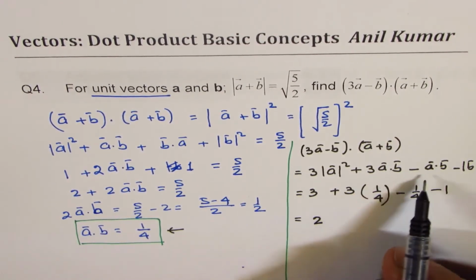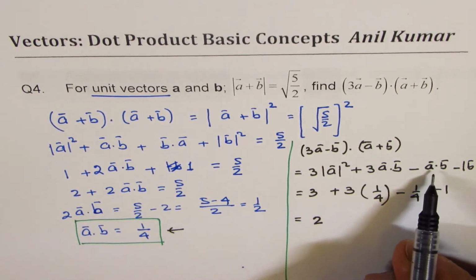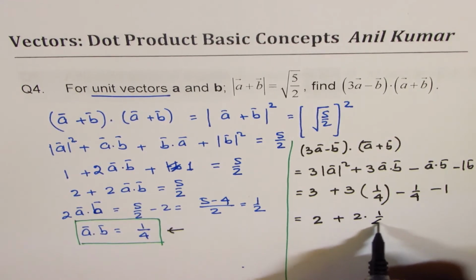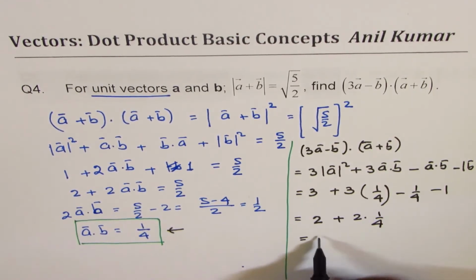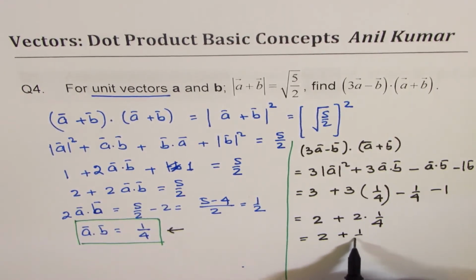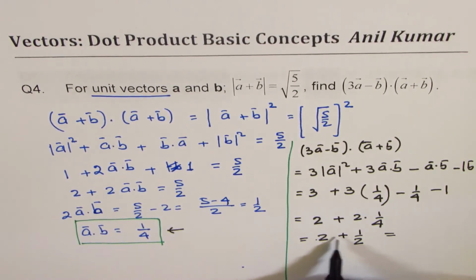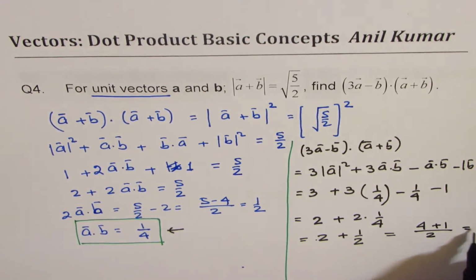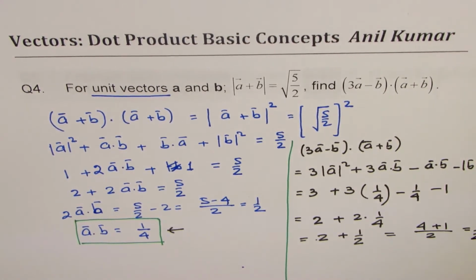And well, you could have done 3 minus 1 as 2. So it is 2 times. So we get plus 2 times 1 over 4. And that is 2 plus half. And that gives you 2 times 2, 4. 4 plus 1, 5. Or let me write 4 plus 1 over 2. Or 5 over 2.